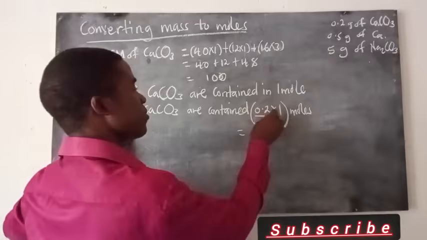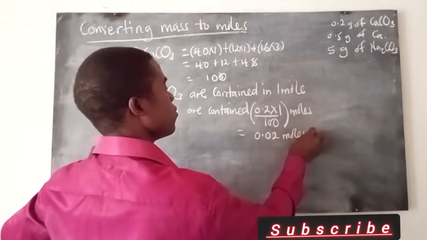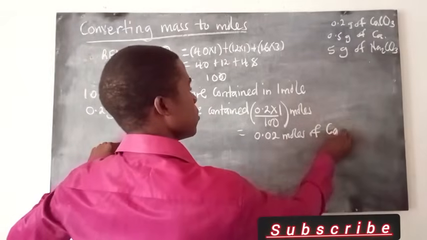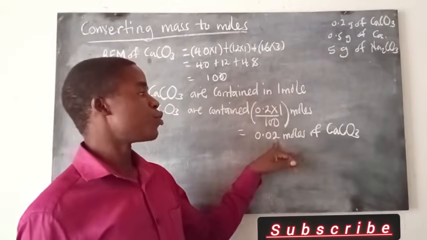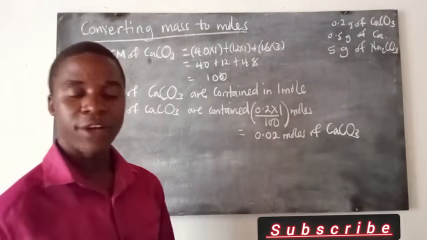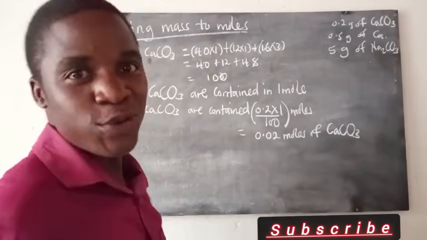If you divide this, you get 0.02 moles. So we have obtained 0.02 moles of calcium carbonate, and those are the number of moles of calcium carbonate in 0.2 grams.